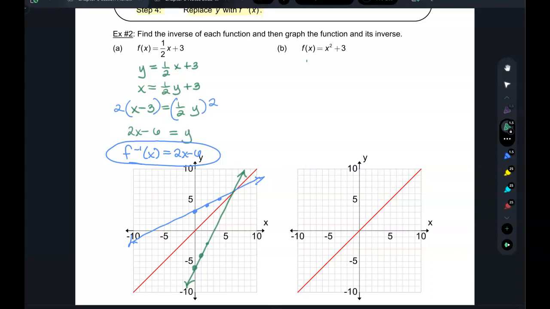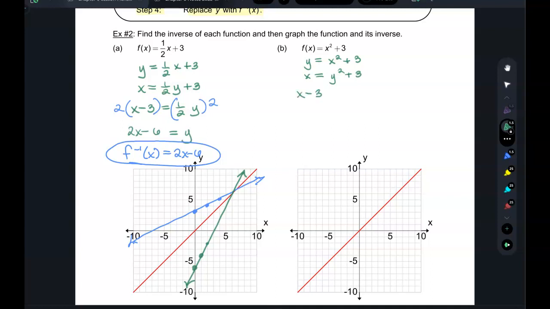Okay, now we're going to do a parabola. So first thing, and you can combine this also in the same step if you want. I would probably combine these first 2 steps in one, because it's kind of like f of x is y. So again, our rule is to switch those 2. Now you set it to y.